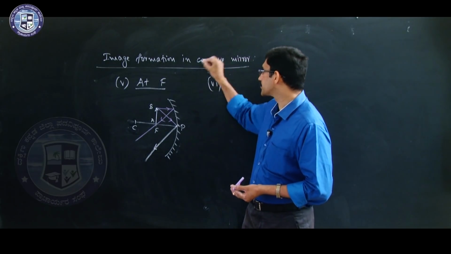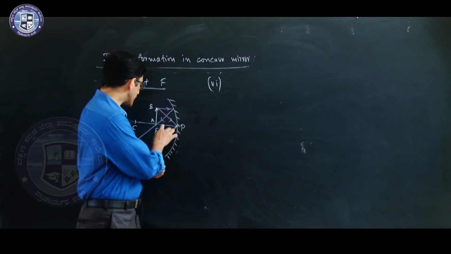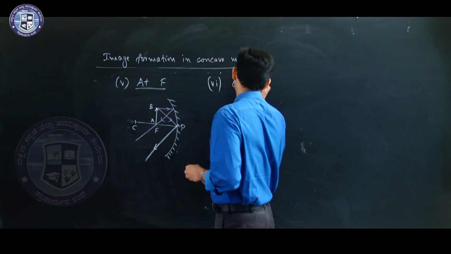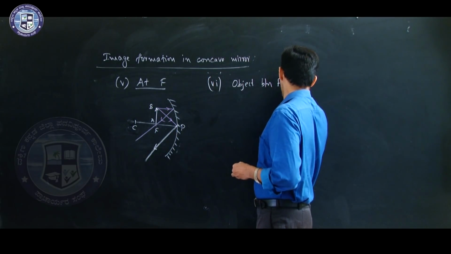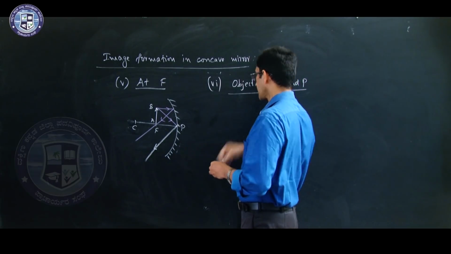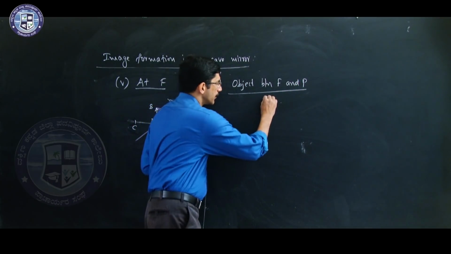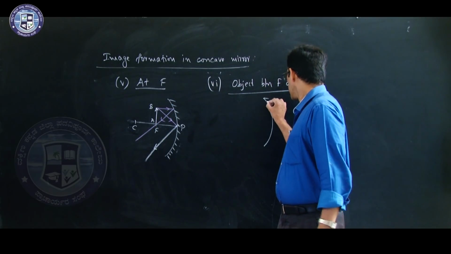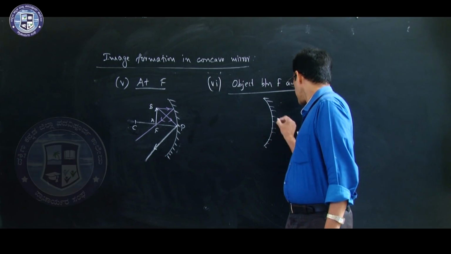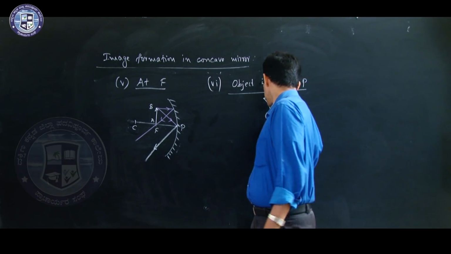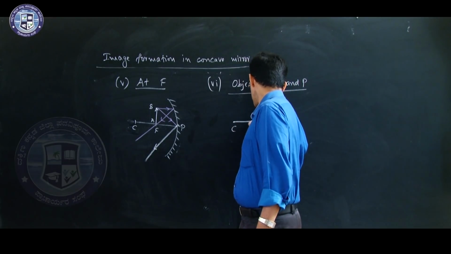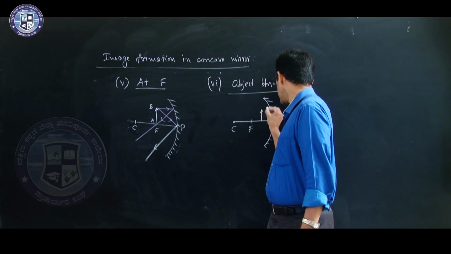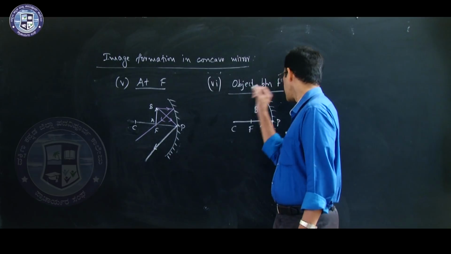We will consider the last case, where the object is placed between F and P. So, we will consider the concave mirror. Then there is the pole, the center of curvature, somewhere you have the focus, and the object is placed between F and P. So, AB is the object.